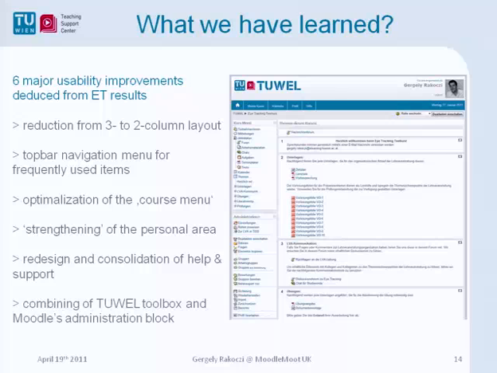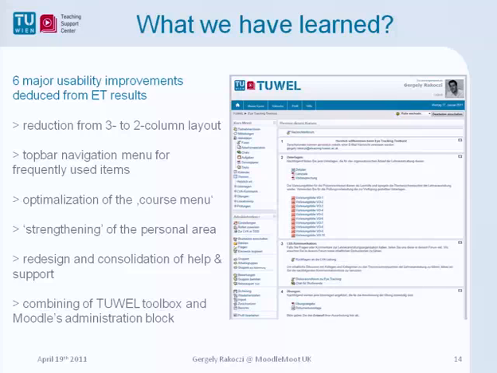And one major improvement was we had, I'm not sure if you can remember, we had two blocks here on the left-hand side that were important for navigating within the course. The first one was the administration block, and the second one was for our institutional or university developments, because we have a leading campus software and we have connections to them, and these were separated.